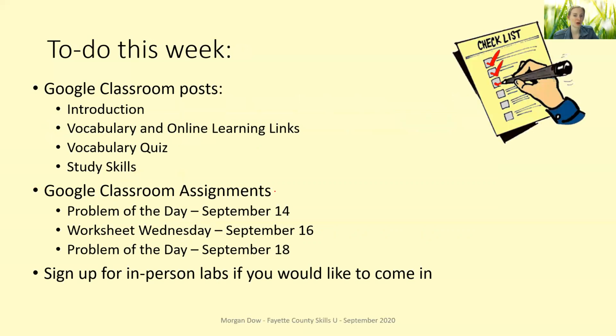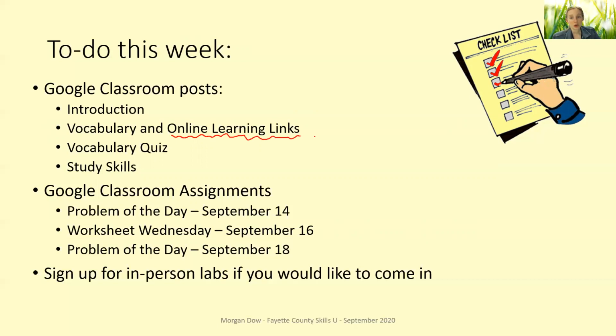All right, so what is on our to-do list for this week? You have these Google Classroom posts to look at, so your introduction for the week, your vocabulary and online learning links post. I would highly recommend reading that vocabulary and online learning links post.